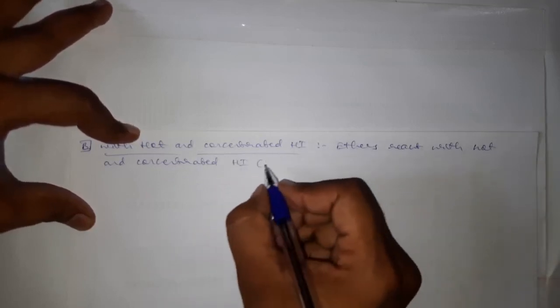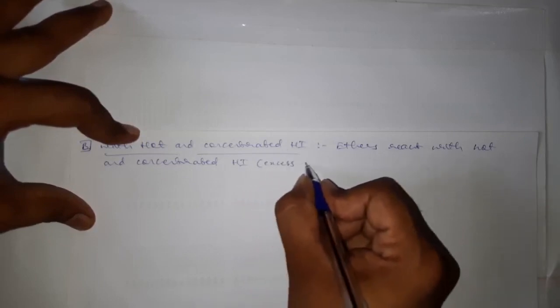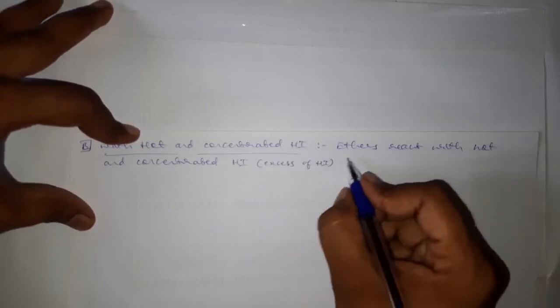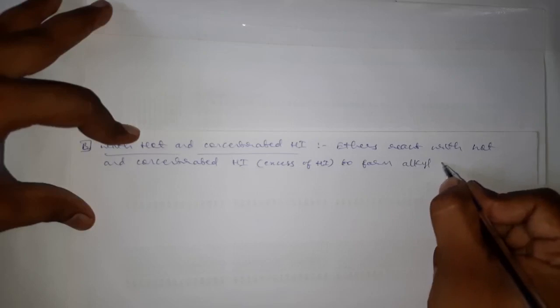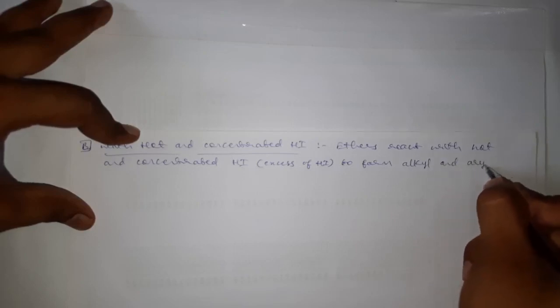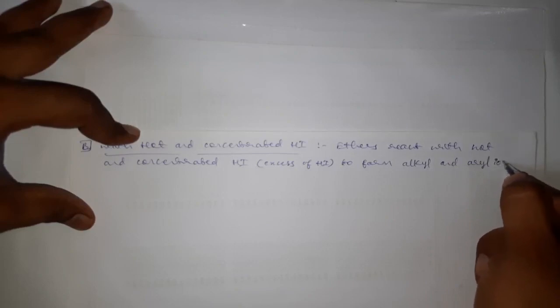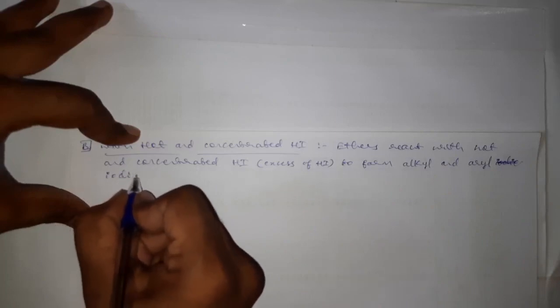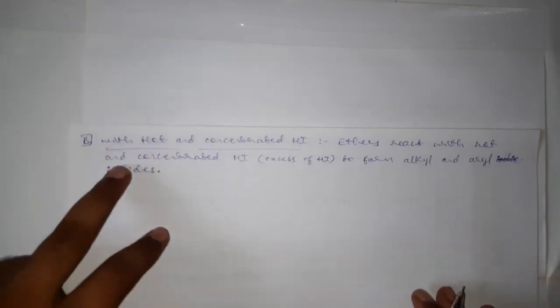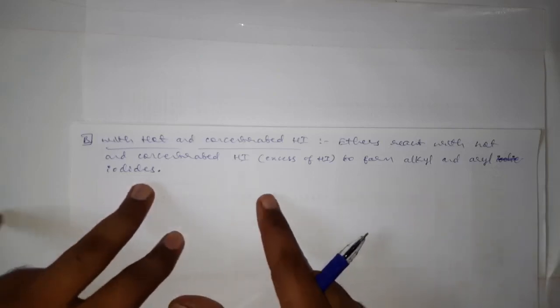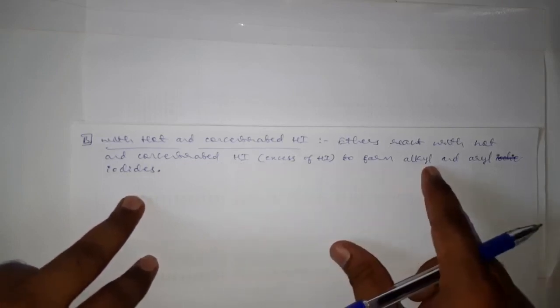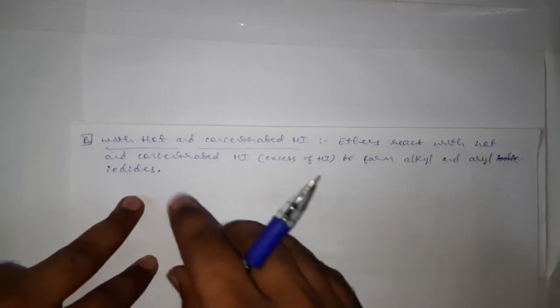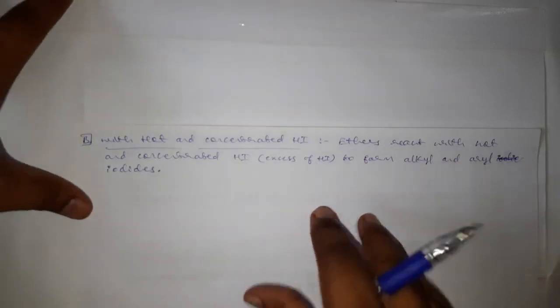In fact, here we are using excess amount of hydroiodic acid to form alkyl and aryl iodides. Both symmetrical and unsymmetrical ethers are reacting with hot and concentrated hydroiodic acid to form alkyl and aryl iodides. Means both the substituents are converting into their corresponding iodides.